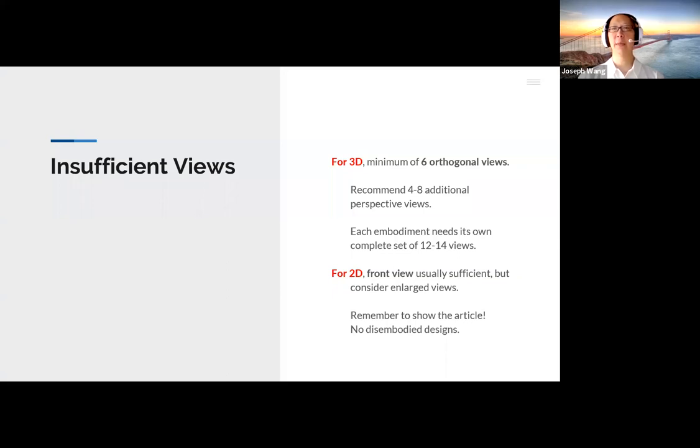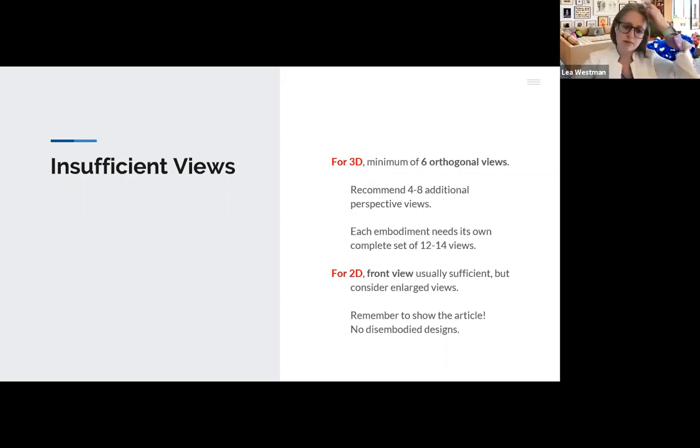They have to be dead on the money orthogonal, and then I really would not go fewer than 4 perspective views for a three-dimensional object because you want to build in some redundancy in case there's an inconsistency somewhere, and you're going to want some originally filed subject matter to support an amendment.